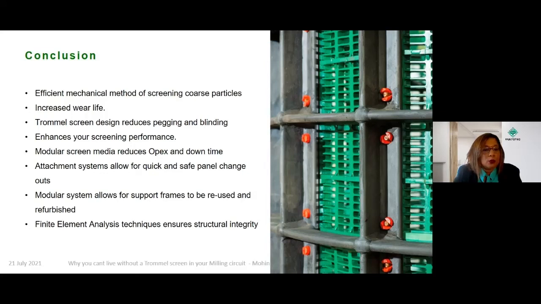We can implement modular screen media, which reduces the operating expenditure and your downtime. Our retention systems allow for quick and safe panel changeouts, and the modular system allows for support frames to be reused and refurbished. Last but not least, the use of finite element analysis techniques ensures structural integrity.